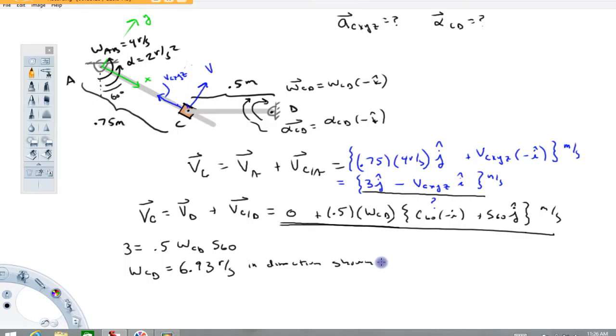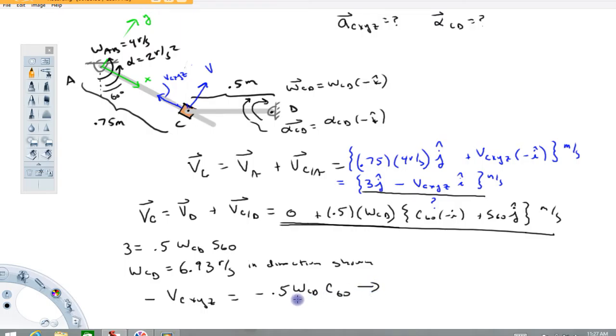All right, next we compare the i components. So I'm going to take a look here. We've got minus velocity of C in the xyz frame. We're going to compare that to the i components here. We're going to have minus 0.5 omega CD cosine 60, so equals minus 0.5 omega CD cosine 60 degrees.